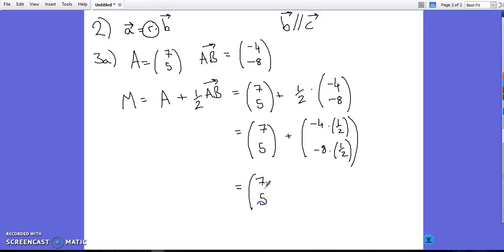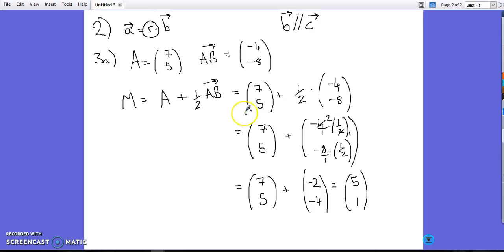So I have 7, 5 plus negative 4 times a half. I could also put in a denominator of 1 there, and cancel is negative 2, negative 4, which is 7 take 2, 5, 5 plus negative 4 is 1. So 5, 1. And you could check this by just doing a little sketch if you wanted to.